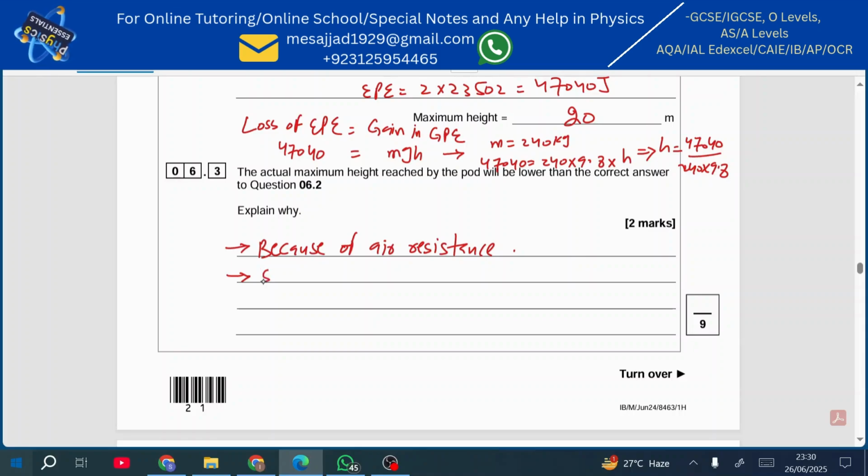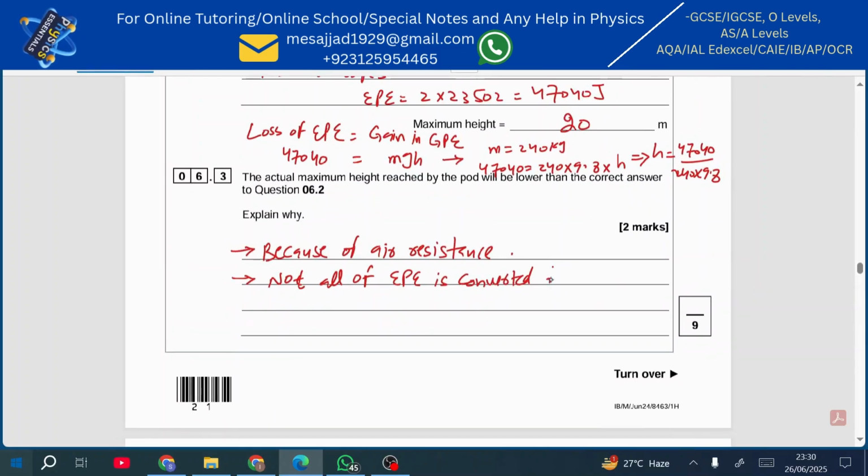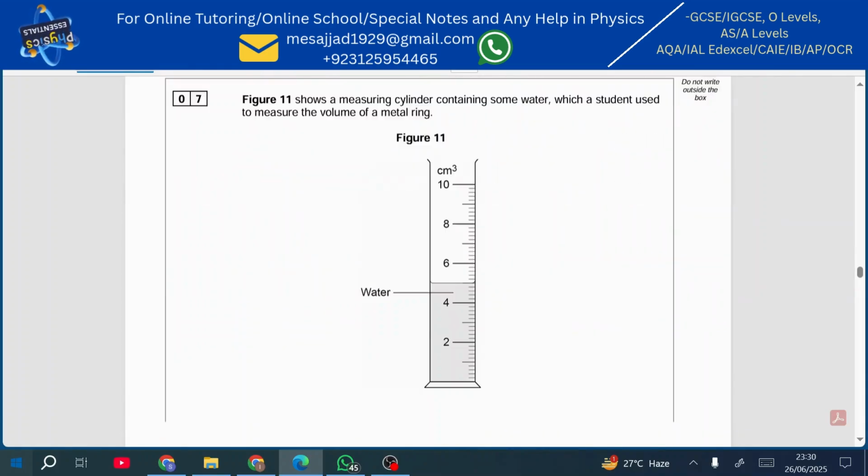So you will say not all of the EPE is converted into GPE.